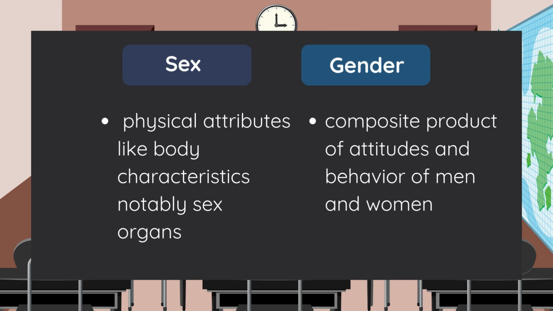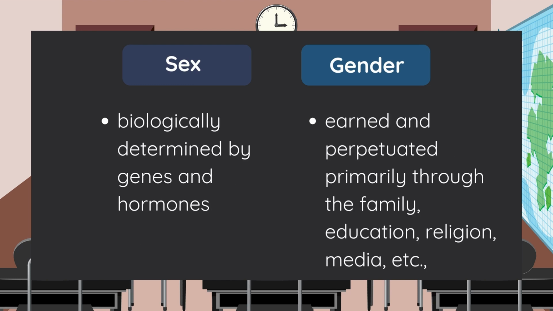Now, let's differentiate sex and gender. So, sex primarily refers to the physical attributes like body characteristics, notable sex organs, which are distinct in majority of individuals. While gender, on the other hand, is the composite product of attitudes and behavior of men and women.